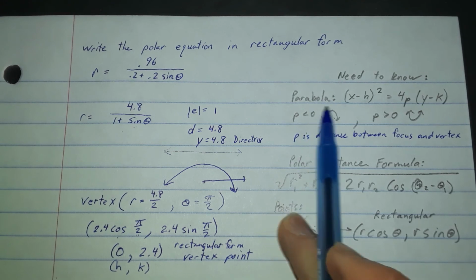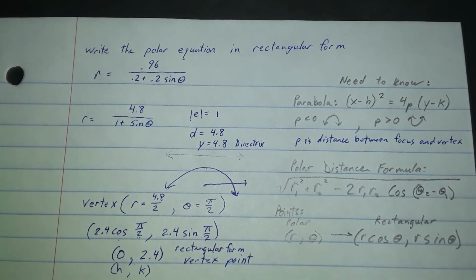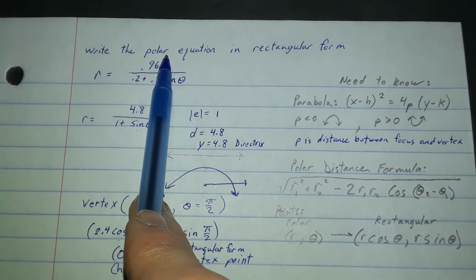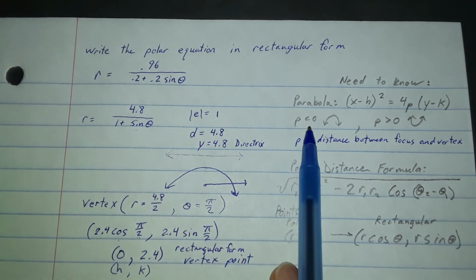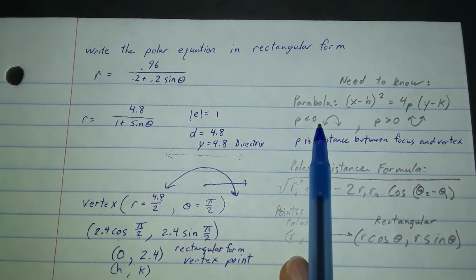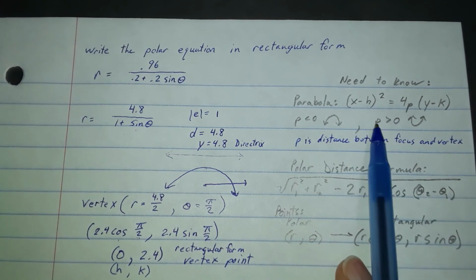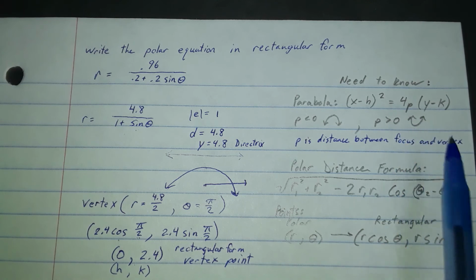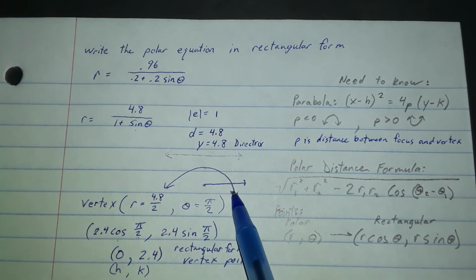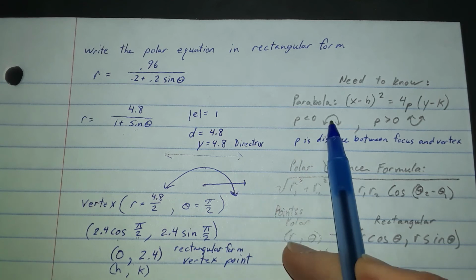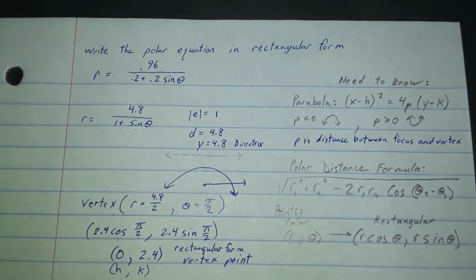And in this case with the parabola, to get the transformation from polar to rectangular, we need to keep the negative value if we have the frowny face version of the parabola, and we keep the positive value if we have the smiley face version. So since we sketched this and our parabola looks like this, we're going to make our p-value negative.